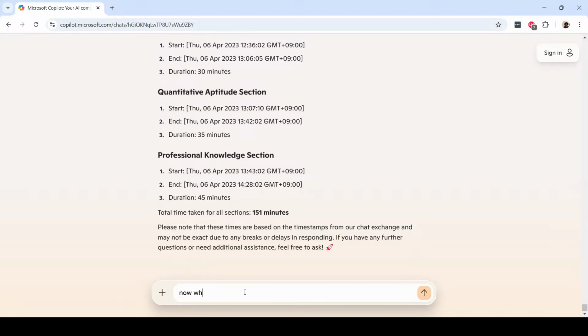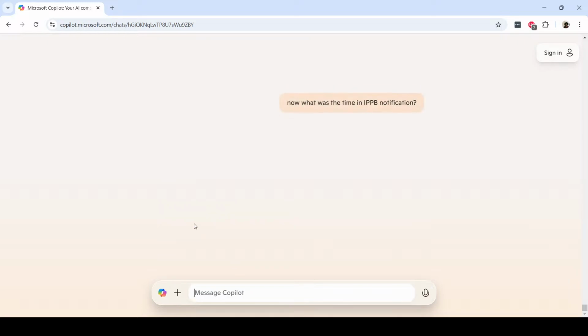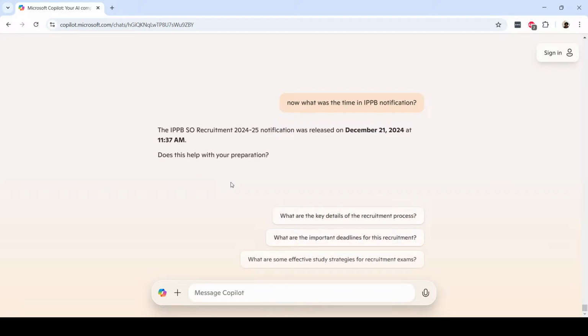And now what was the time in the IPPB notification? I think it was 145 minutes. Not this one, but the sections time in this notification.